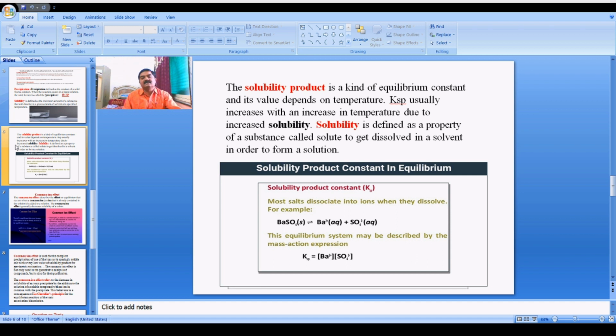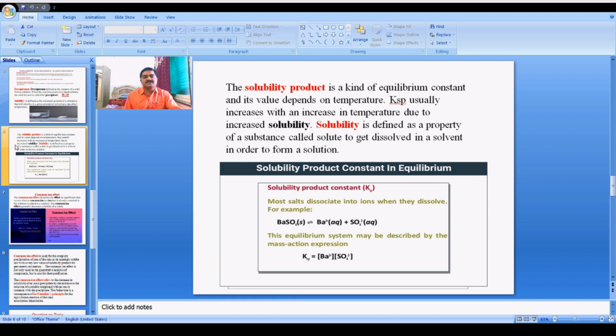It indicates a reversible reaction, and this equilibrium system can be explained by the law of mass action, where KSP, the solubility product, is equal to the concentration of Ba 2+ times the concentration of SO4 2-. So this is the expression of the solubility product.